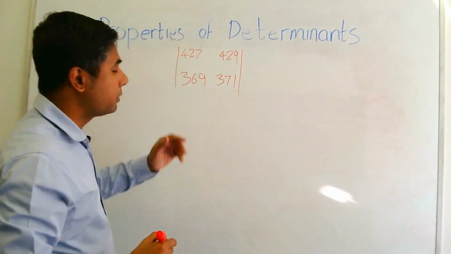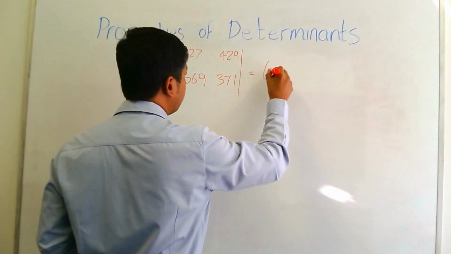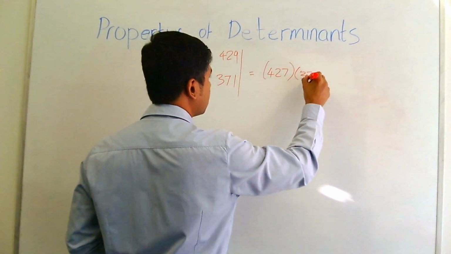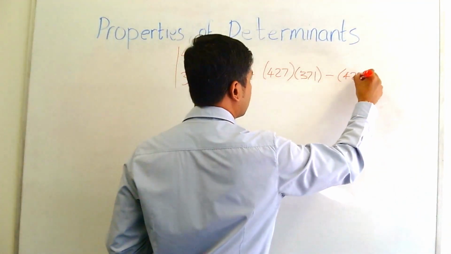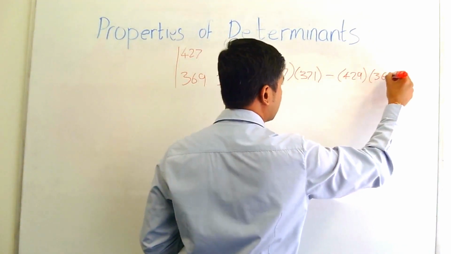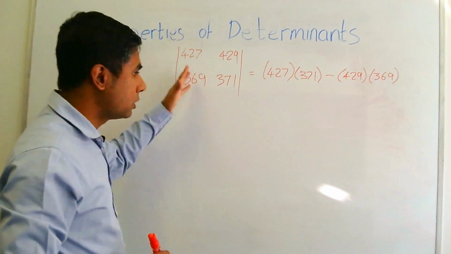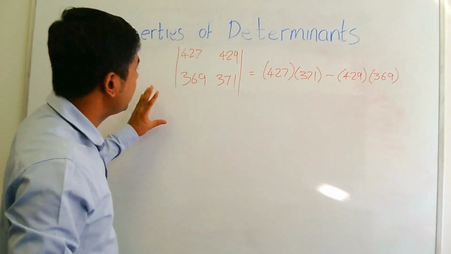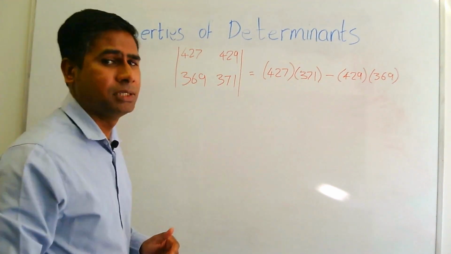If we were to evaluate this determinant as usual, we'd have to do 427 times 371 minus 429 times 369, which is a lot of numbers just to multiply like that. So how can we simplify this and make it easier? Well, we can make use of the properties where if we take either the rows or columns and subtract them from each other, it gives us the same determinant. Okay, so let's do that.